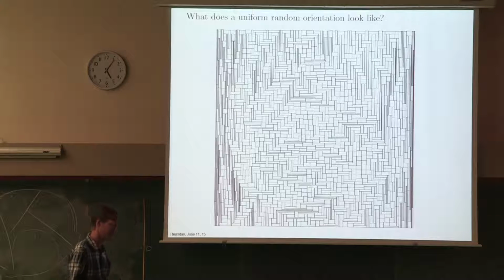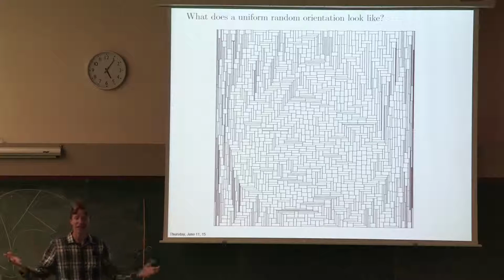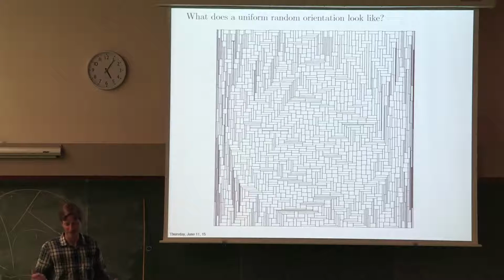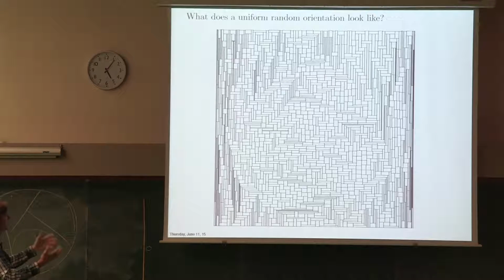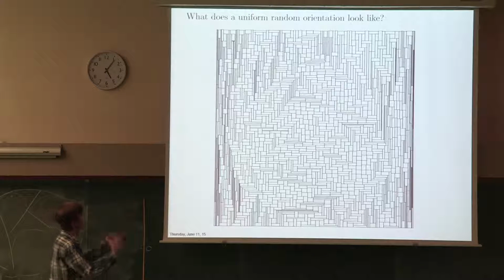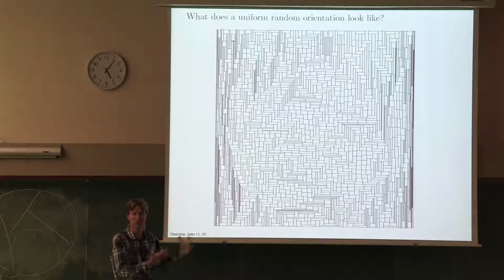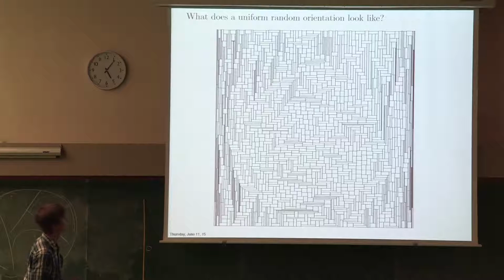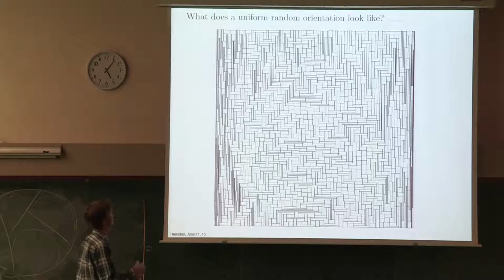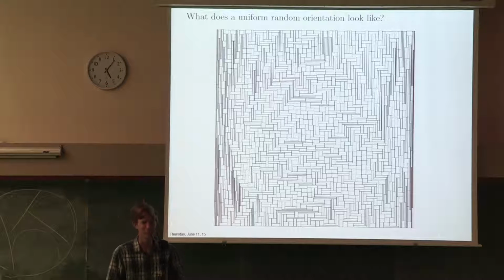Okay, so of course, this 40 by 40 grid has many acyclic orientations with one source and one sink. So you can ask, if I just pick a random orientation, do I get some similar kind of geometry? I don't actually know how to sample a random orientation. I think it takes a long time.